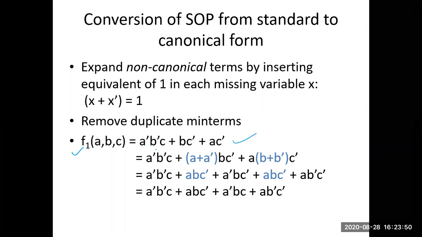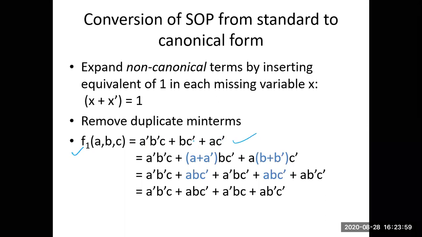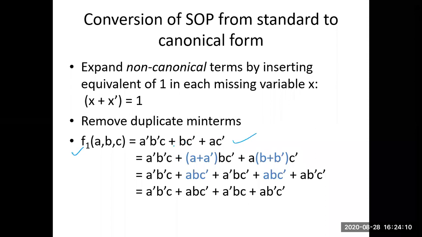Now if you want to convert this into a canonical SOP form, what you need to do is identify which variable is missing in which term. For this middle one, B C bar, A is missing.